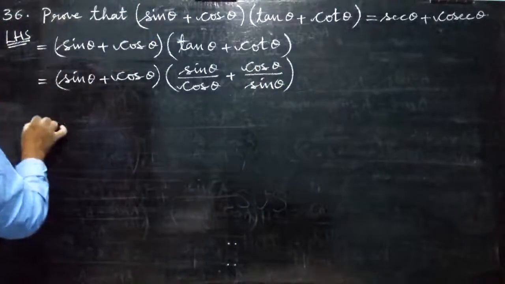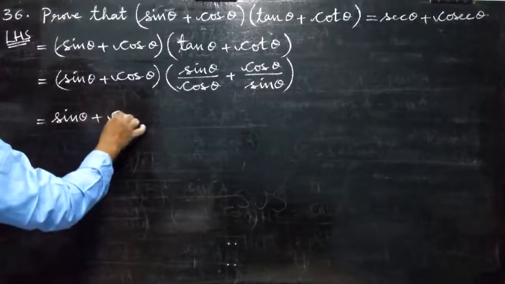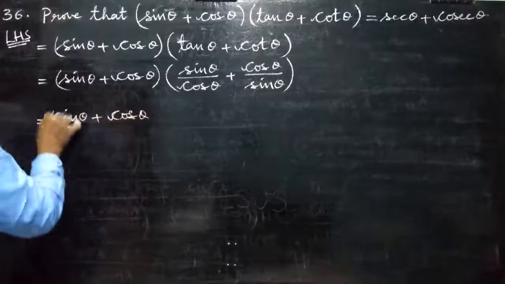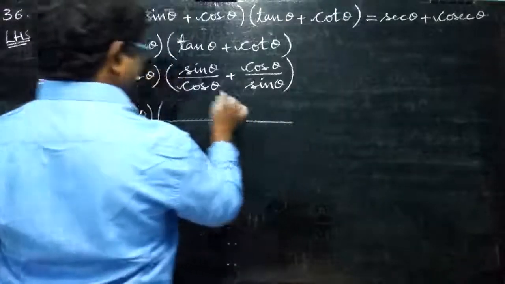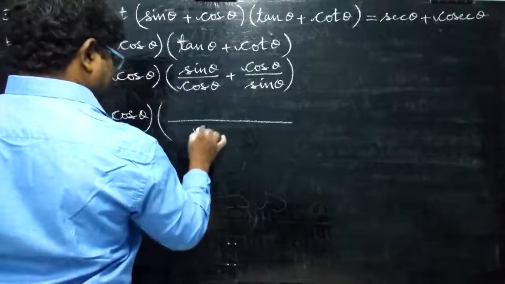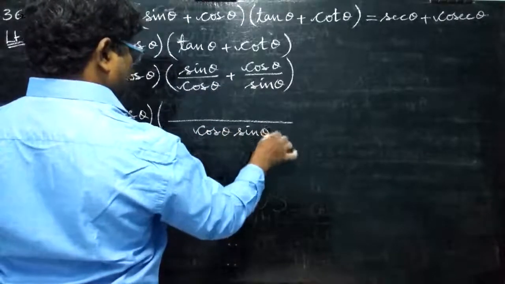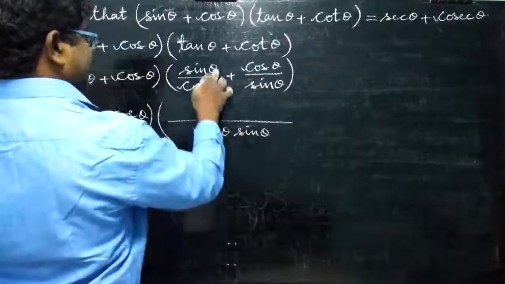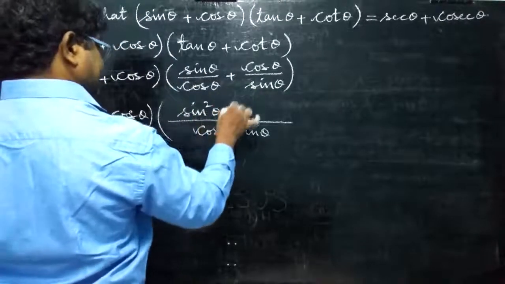Now, sin theta plus cos theta as it is. Don't change anything. But here you have to take the LCM of the fractions. Cos theta sin theta will be the LCM. Cos theta goes sin theta times: sin theta into sin theta, sin square theta. Plus is there.